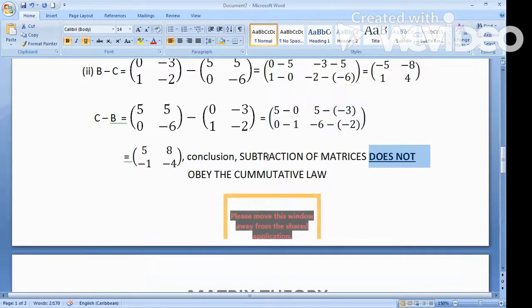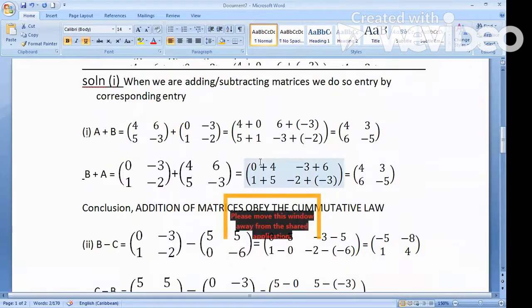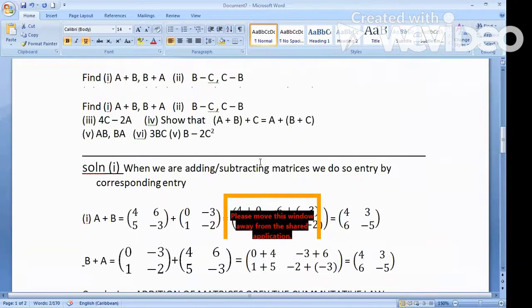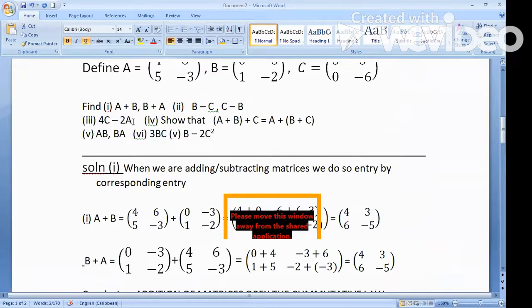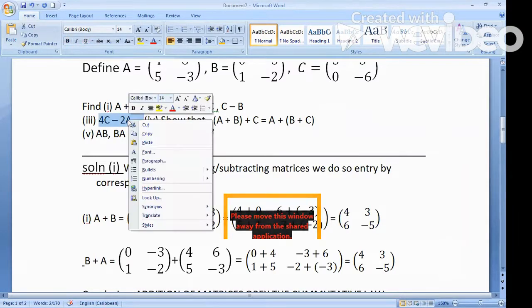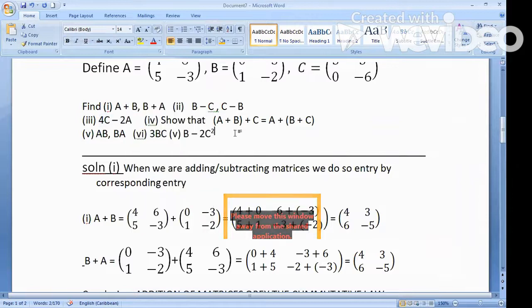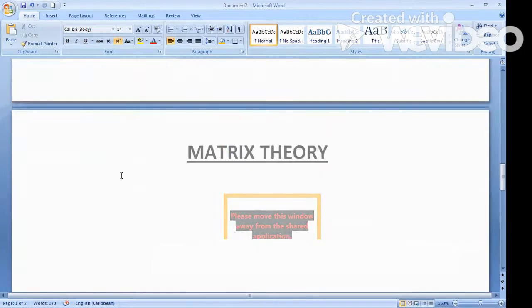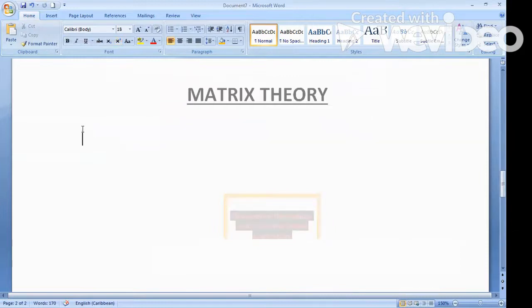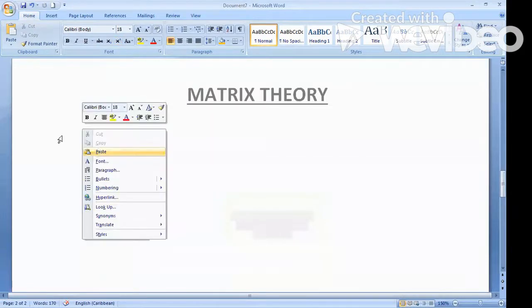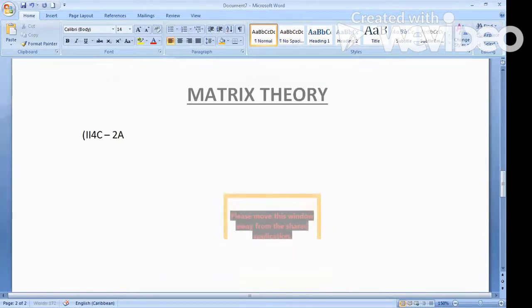All right. So we have done part 1, part 2. Let us look at part 3. Part 3 is pretty simple. It says 4C subtract 2A. Class, what do you think?